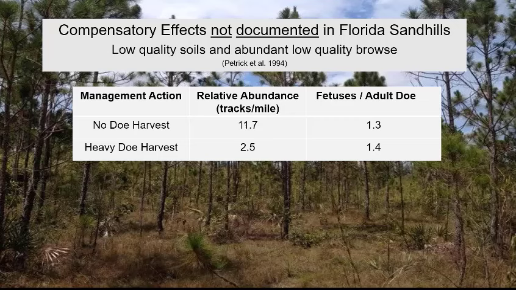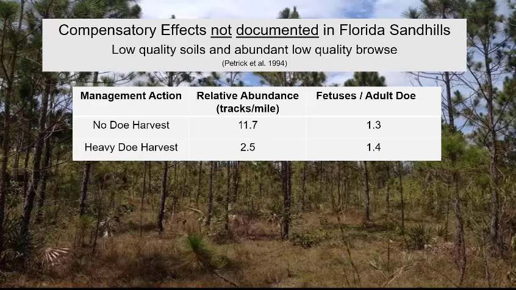So where there was no doe harvest, there were about 12 tracks per mile of dirt road. How many deer that equates to, I don't know. But there were a whole lot more deer in the no doe harvest area than there were in the heavy doe harvest area because only about 3 tracks per mile were found in that area. So heavy doe harvest significantly decreased the abundance of deer.